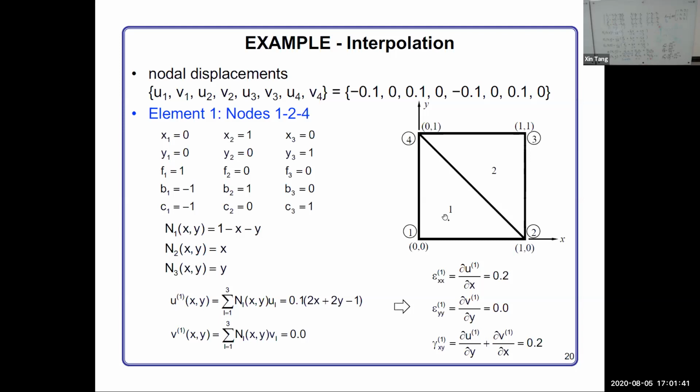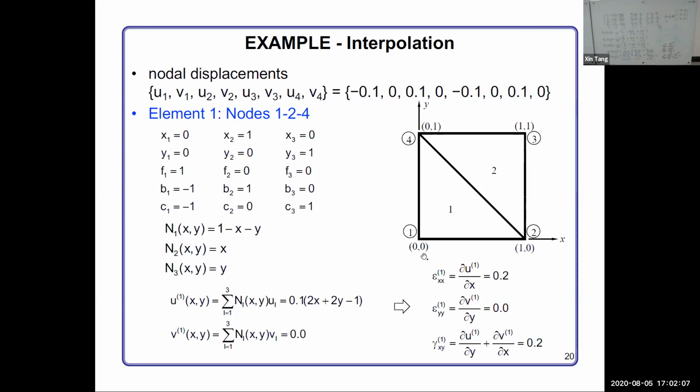They are element 1 and element 2. They share one edge. Element 1 has 3 nodes: node 1, node 2, and node 4. Node 4 and node 2 are shared with element 2. Element 2 has 3 nodes: node 2, node 3, node 4.